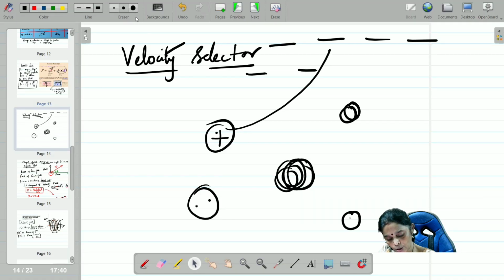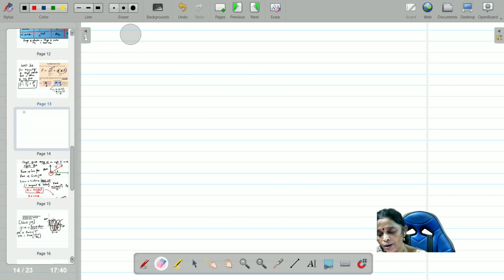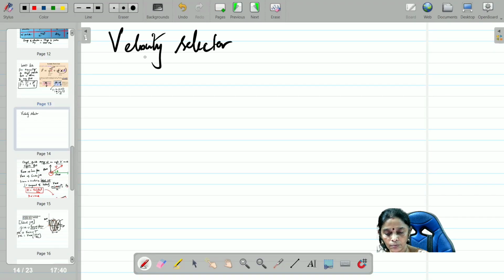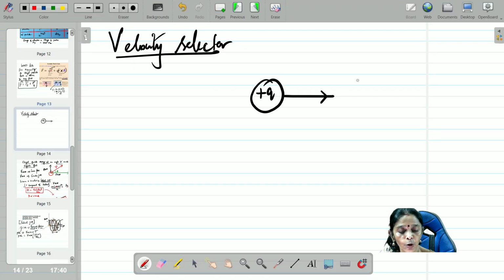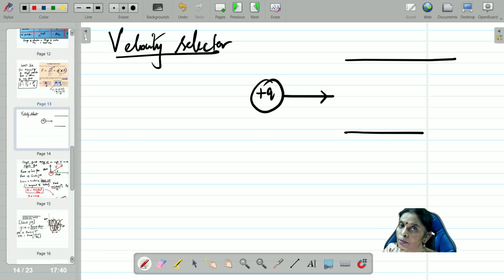Okay, so let me draw it from the beginning. Velocity selector. Now this is a positively charged particle. It is going to enter into a uniform electric field.